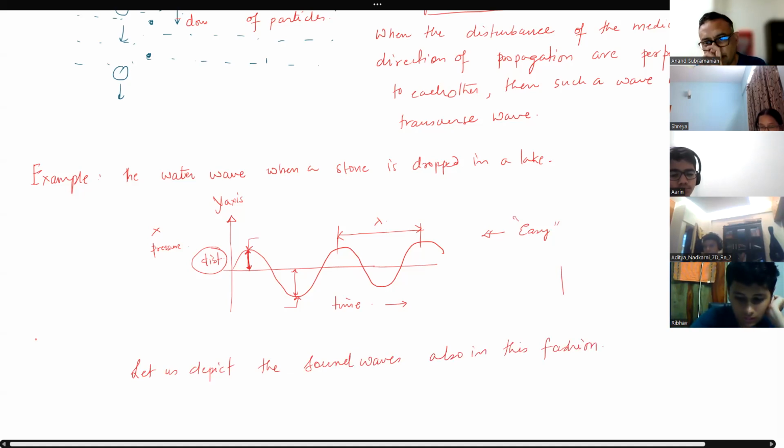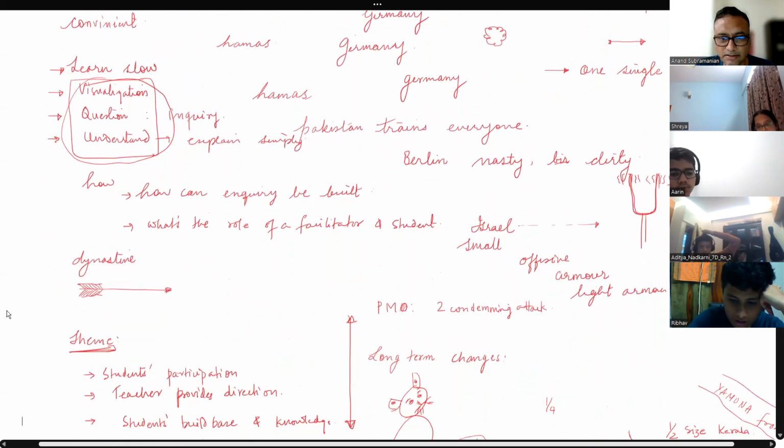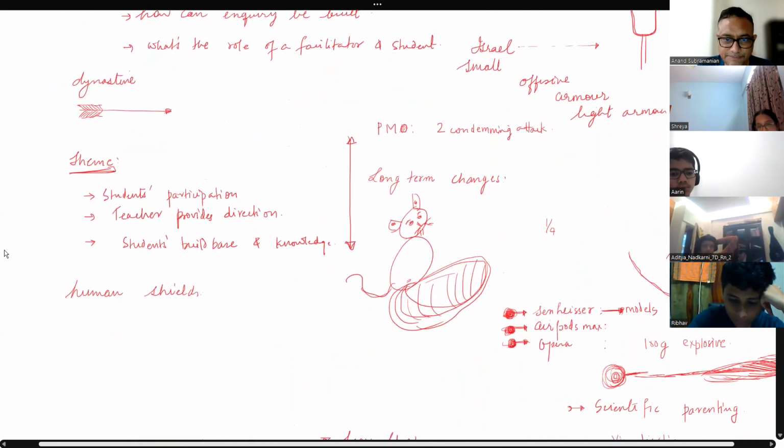Sound wave is not a transverse wave, but yet we depict it as if it is a transverse wave. Are you following this, guys?